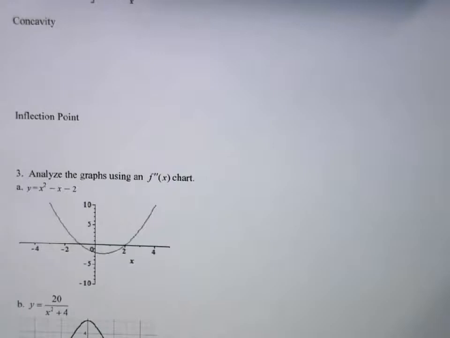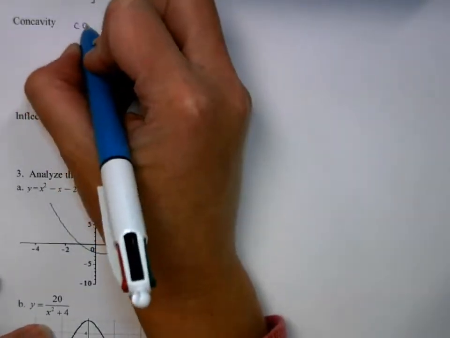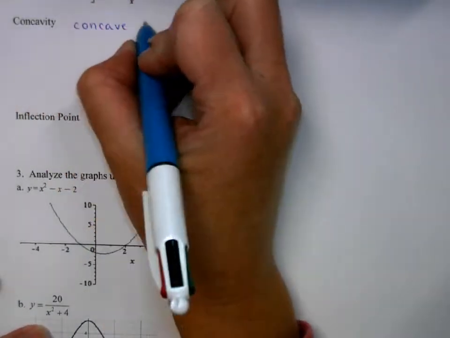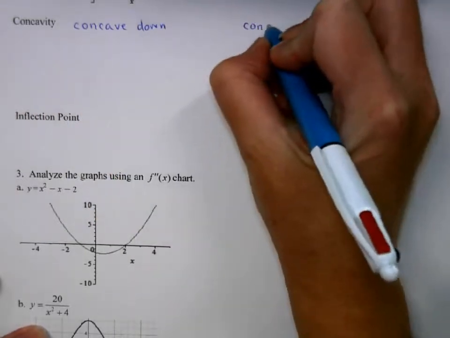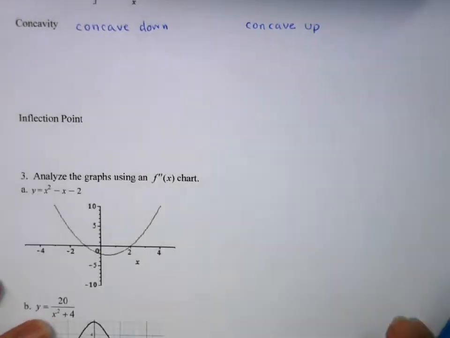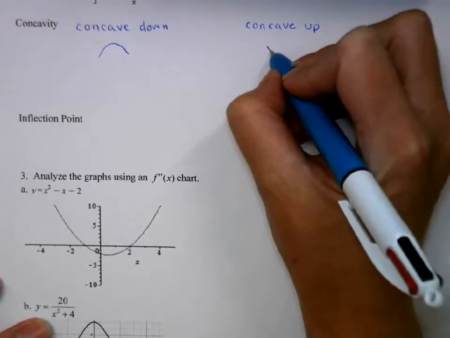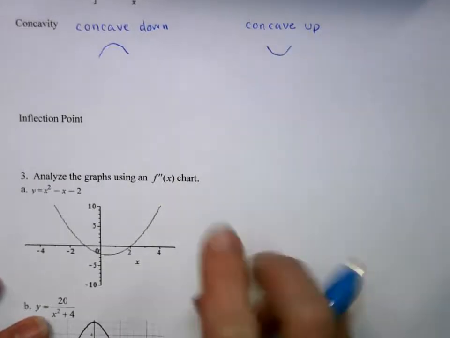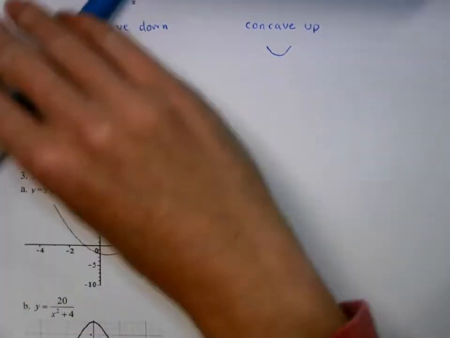Next, we're going to talk about concavity. We can describe a graph's concavity in two ways. The graph can be considered concave down, or it can be considered concave up. Okay, concave down is going to look like that. Concave up is going to look like that. So here, my slopes are positive, then they're 0, then they're negative.